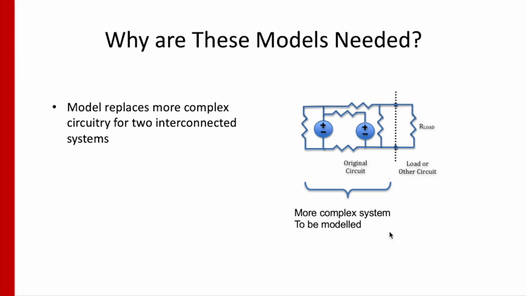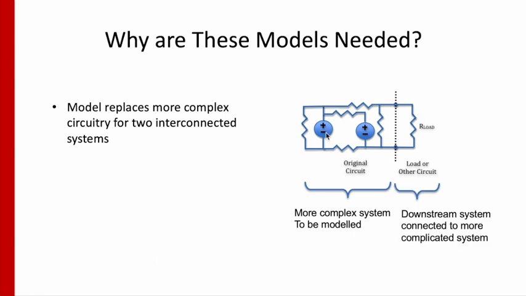Imagine that represents some complicated system that we're going to model. For example, the state's entire power grid. So this is all of PG&E here, their generation facilities, their distribution, everything. That's a complicated thing that we want to create a simple model of.